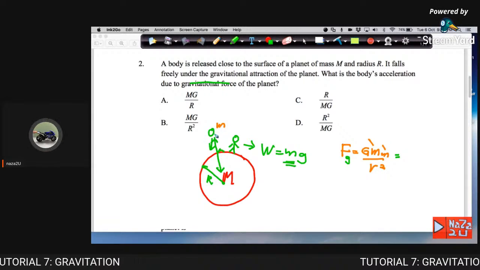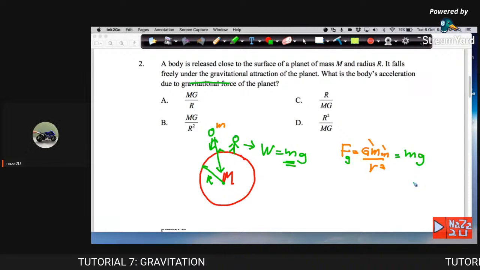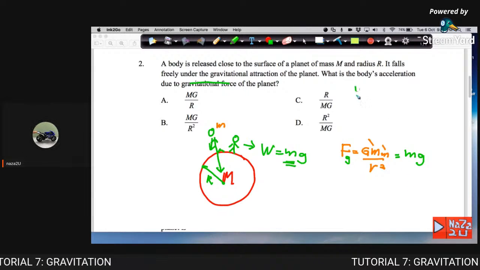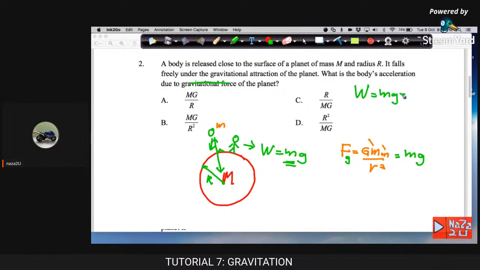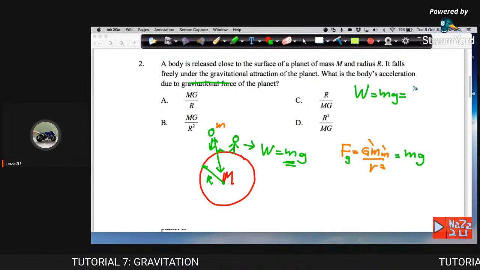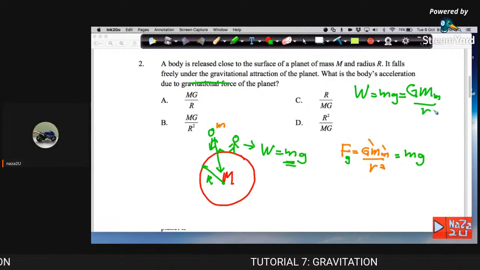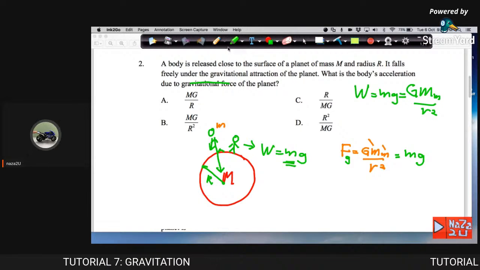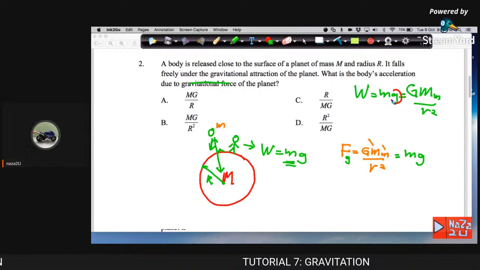Okay, ini Fg, this is a gravitational force, is equal to, sama juga, jasad ini ada berat ke bawah juga, the same force. This is equal to mg. Ataupun dalam kata yang mudah, weight force is equal to mg is equal to GMm over r square. So dalam kes ini dia nak cari nilai g, acceleration g, right?